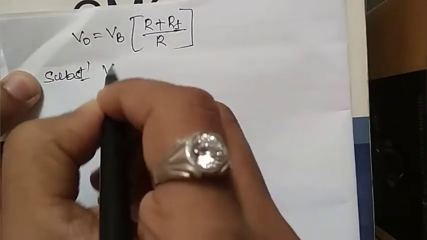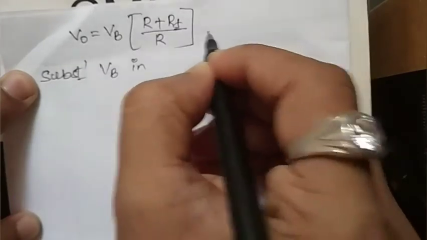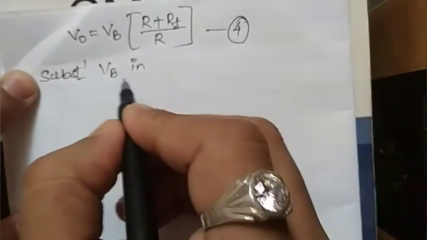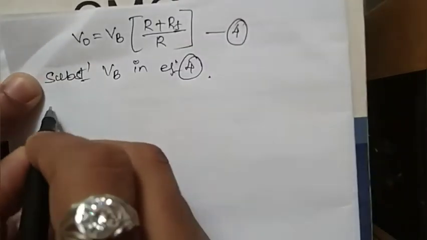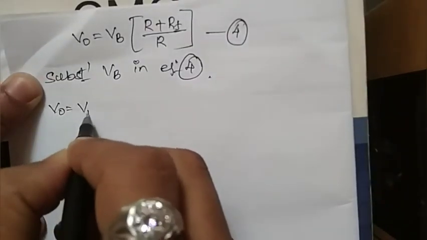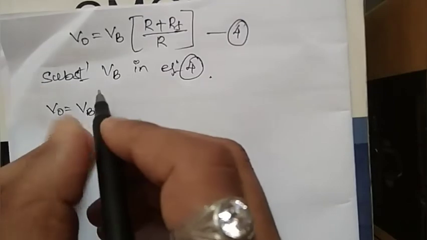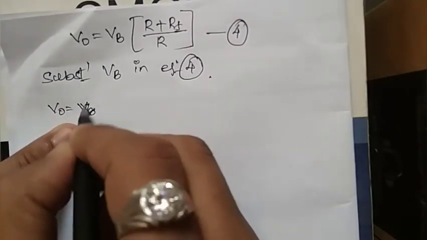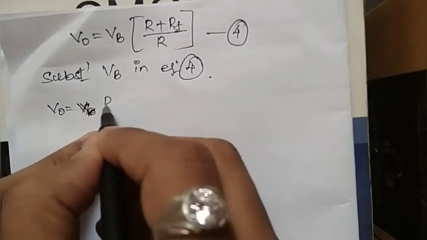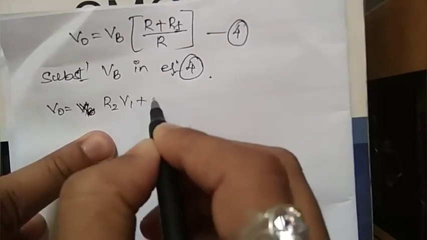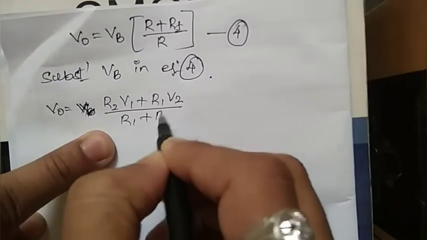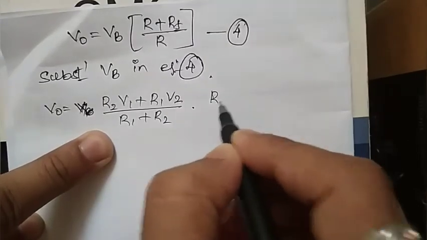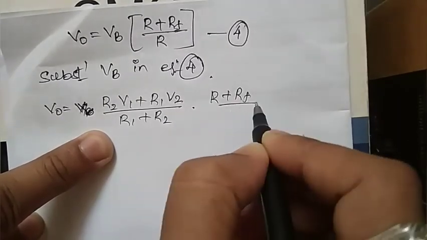Now substitute VB in, let me consider this is equation number 4. Then V0 equals VB times (R plus RF) by R, where we substitute the VB value, which is R2 V1 plus R1 V2 divided by R1 plus R2.